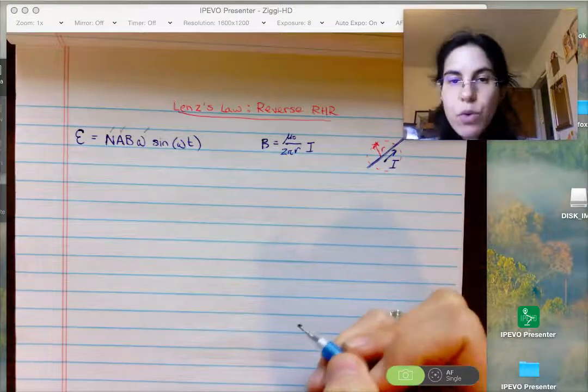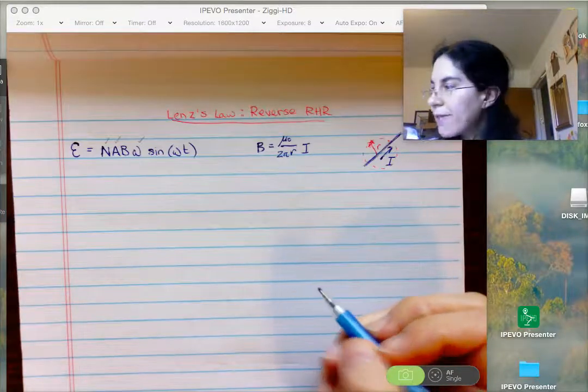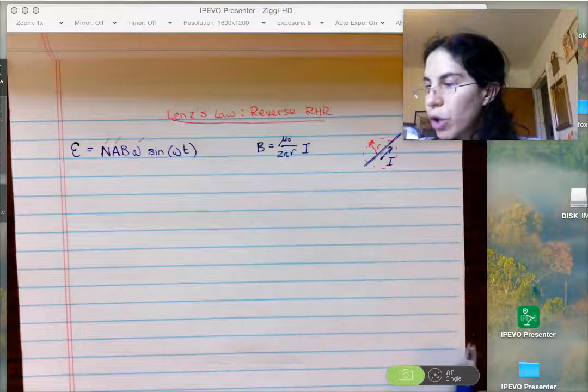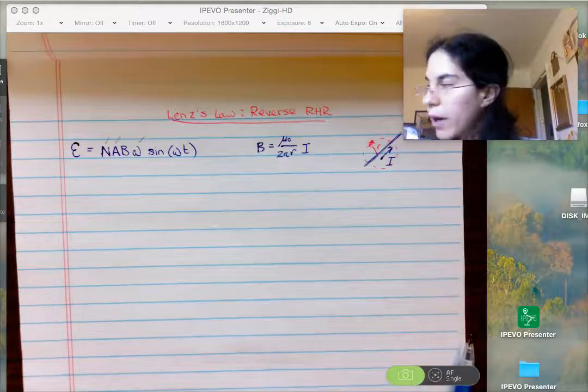So if you want a stronger magnetic field, run a stronger current through your wire.